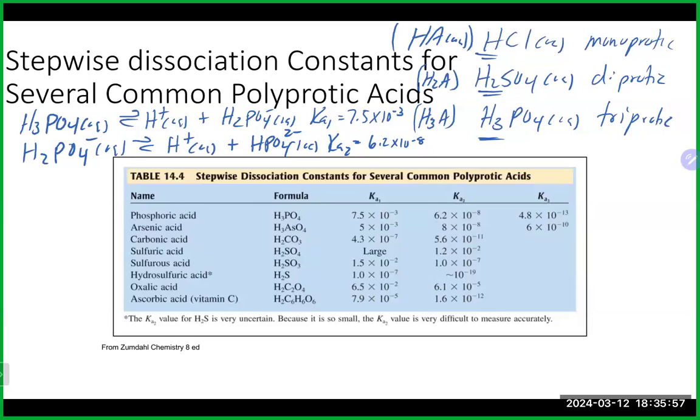And lastly, what will happen in this situation is that third guy, I'll write it this way, which I think will be easier to see. This guy here, which has already lost 2 hydrogens, will lose the last hydrogen and make a little phosphate. The Ka3 value for this guy, whatever it says there, 4.8 times 10 to the minus 13, I think.